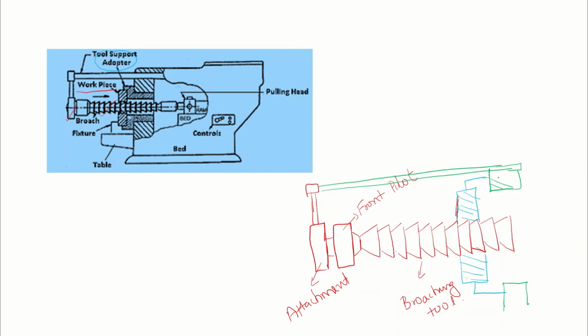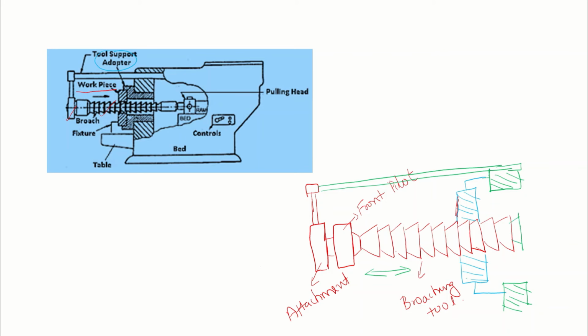And after that, you need to move or reciprocate the tool in this particular direction, because you are making an internal hole. So definitely there should be some mechanism which drives the tool.